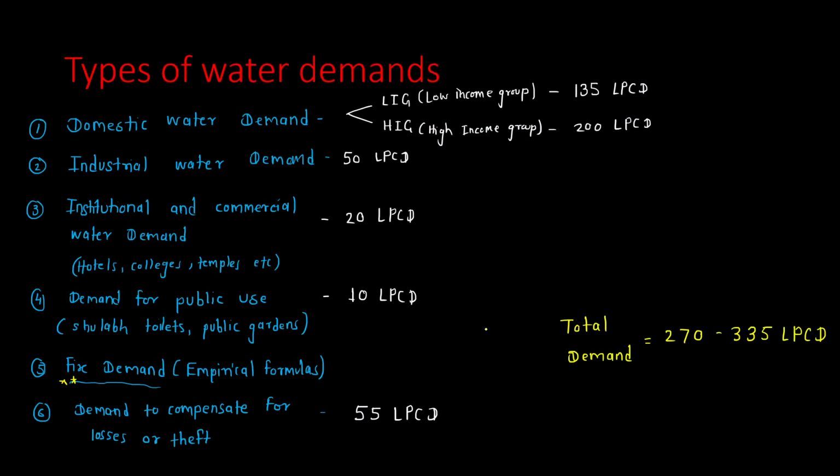Now we'll be writing the same thing here in the design period. The water treatment plant and its distribution system. What is the meaning of this distribution system? That means from the water treatment plant, the water is coming to your home through a certain system of pipes or conduits. That comes under this distribution system.